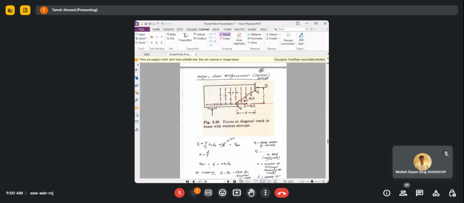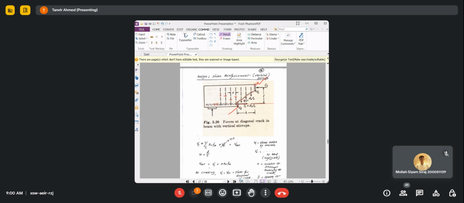The first one obviously is the shear force in concrete, this one is VC, and the shear force in steel, this one is VD, and obviously the shear forces in the stirrups. So this is the section that we are considering. Now you have the stirrups, so the shear force in the stirrups you also have to consider.